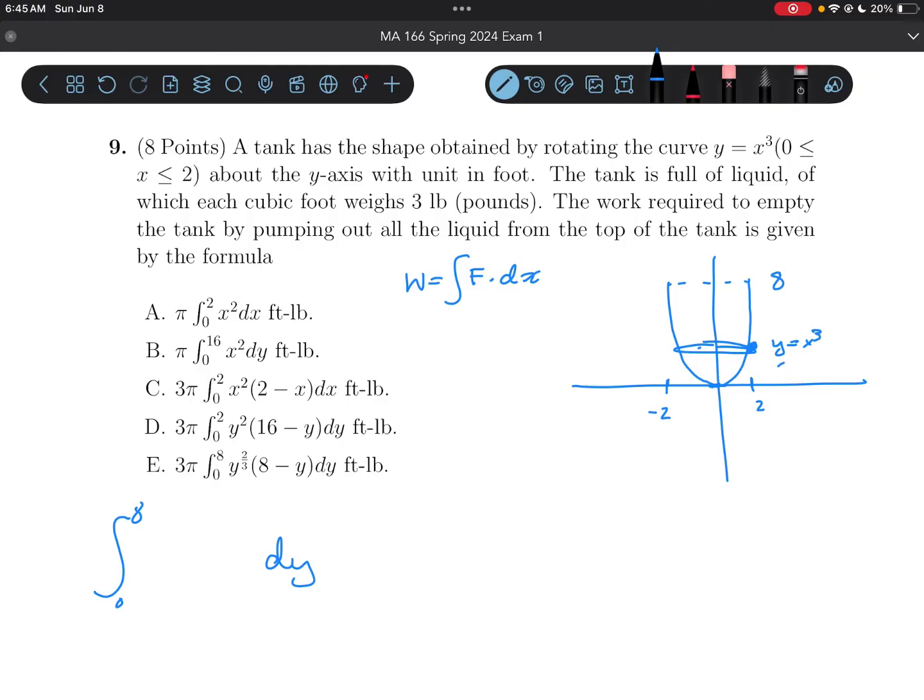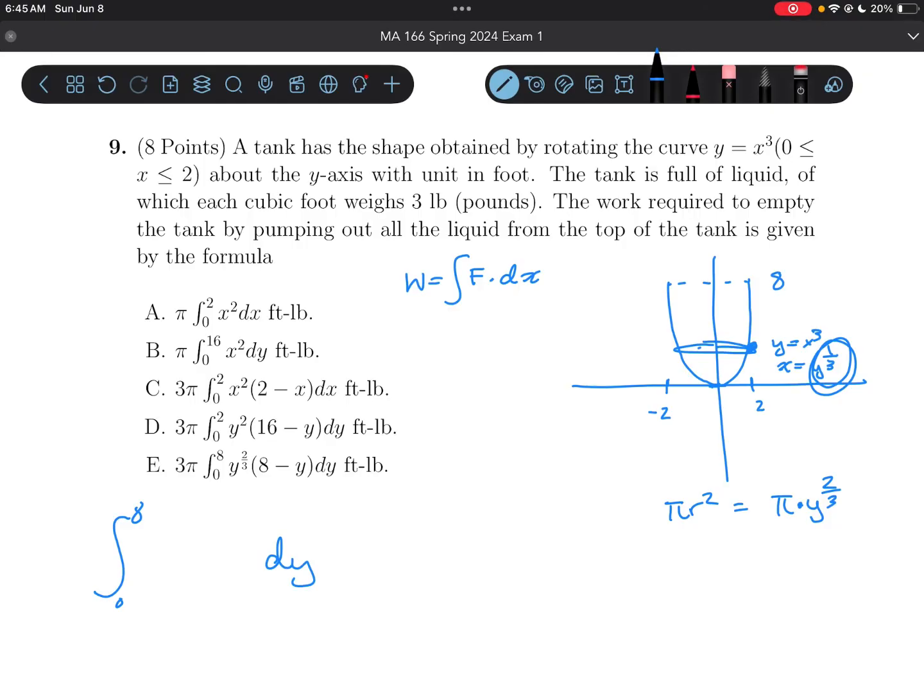So we have to rewrite this formula as x is equal to y to the power of 1/3. And we're going to be using that quantity instead. So basically, pi r squared, we plug in y to the power of 1/3 instead, and we get pi times y to the power of 2/3.